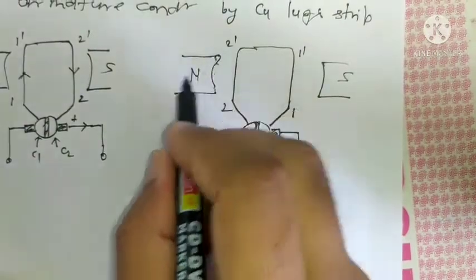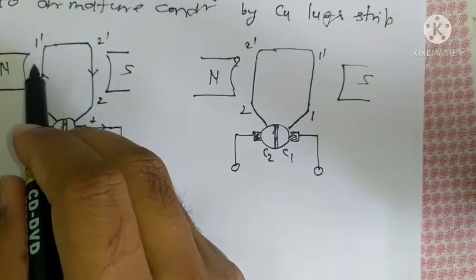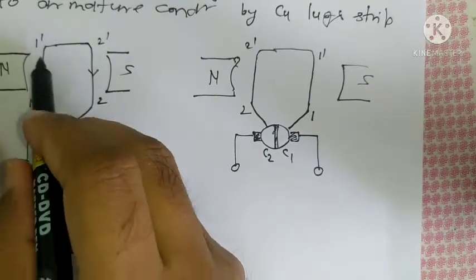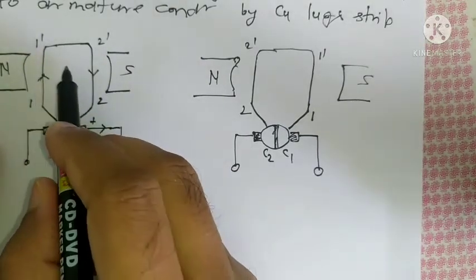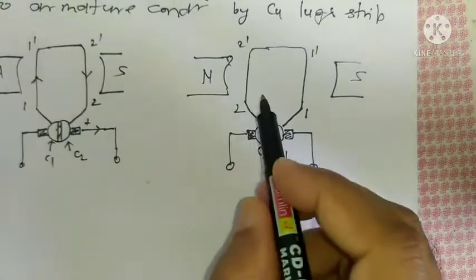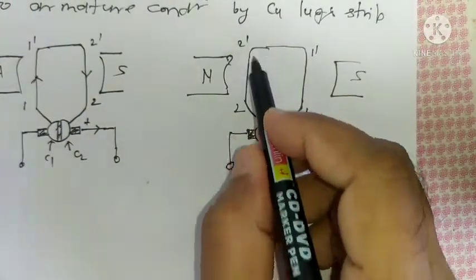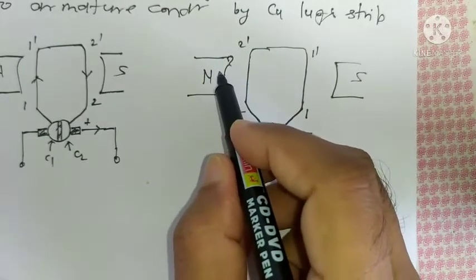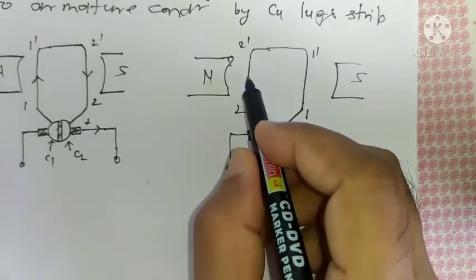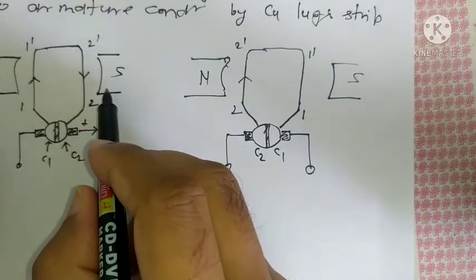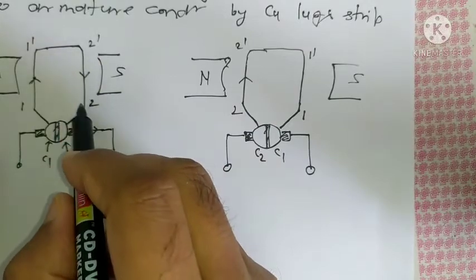Now you can see current flowing in the coil side under the north pole is upward. So whichever conductor is coming under the north pole, current direction will be upward only. So here 2 2 dash is under the vicinity of the north pole, so current will be upward here, and any coil which is under the south pole, current will be downward.